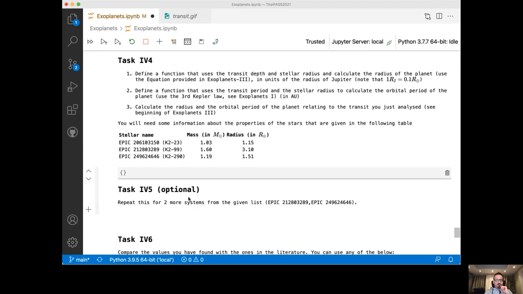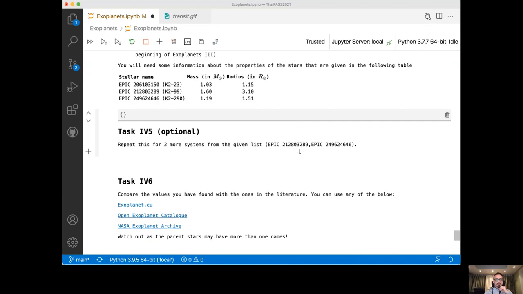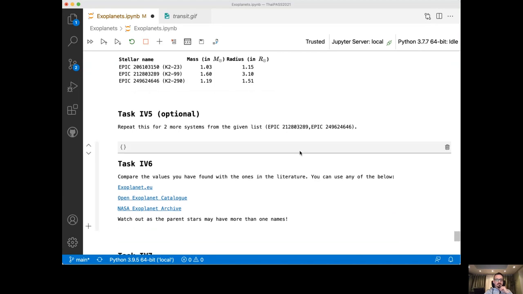Okay, so you can do it for more systems. I have more files of observations from Kepler there, but I think probably this will take you quite a lot of time. So don't. Okay, I mean, if you're interested, you can do it, but it's not really required.